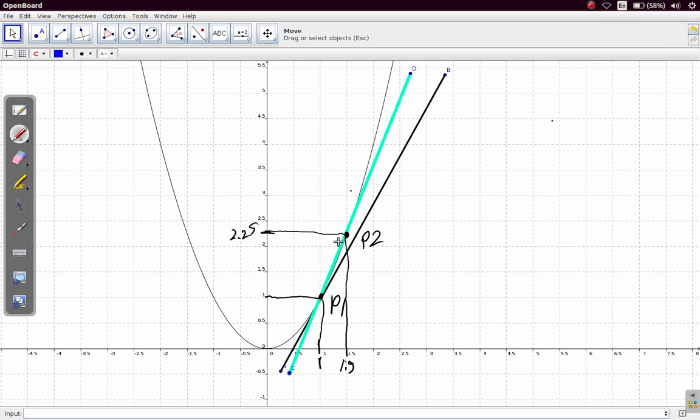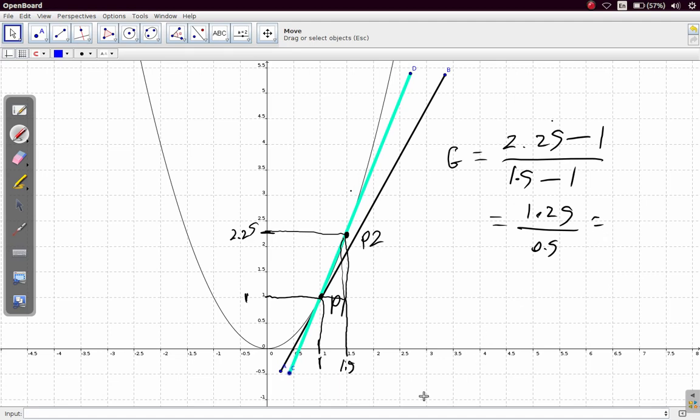So right here we can find rise over run. The gradient is now equal to y2, which is 2.25, minus y1, which is 1, over x2, which is 1.5, minus x1, which is 1. So 2.25 minus 1 is 1.25, over 1.5 minus 1, which is 0.5.